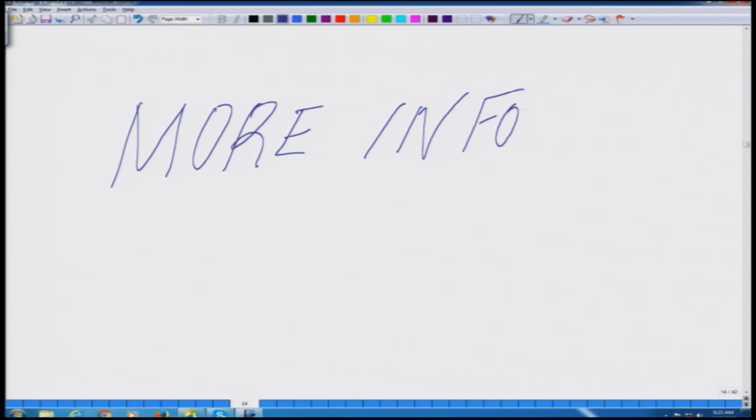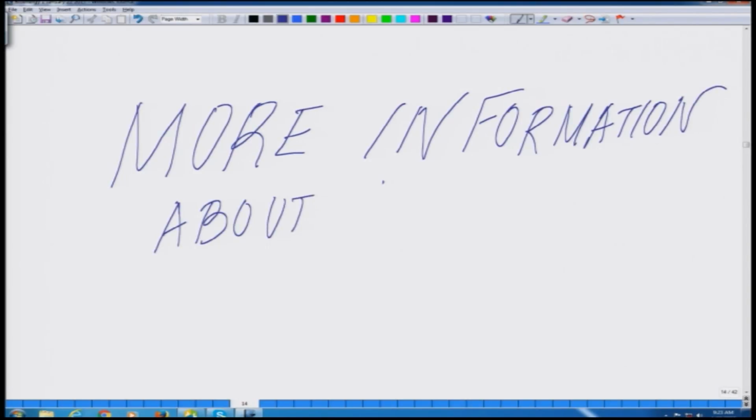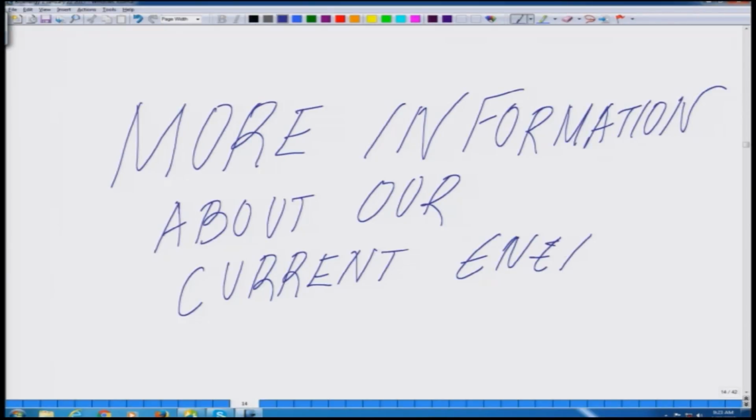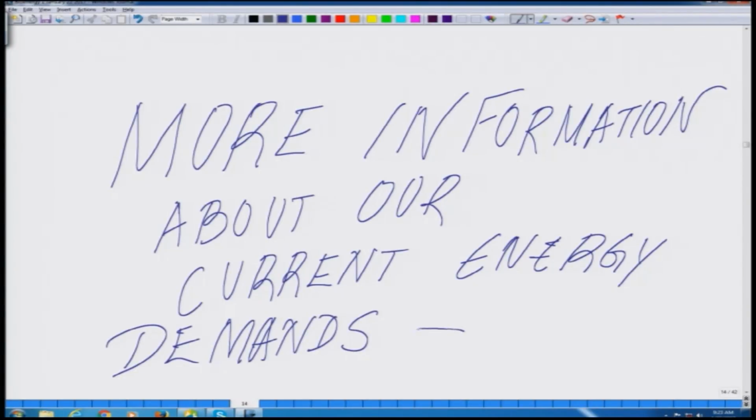And the last point, we need most importantly more information about our current energy demands and use, or supply. So, overall the Hirsch report, or the DOE report between 2005 and 2007, highlighted very clearly that it is high time that mitigation efforts have to be initiated.